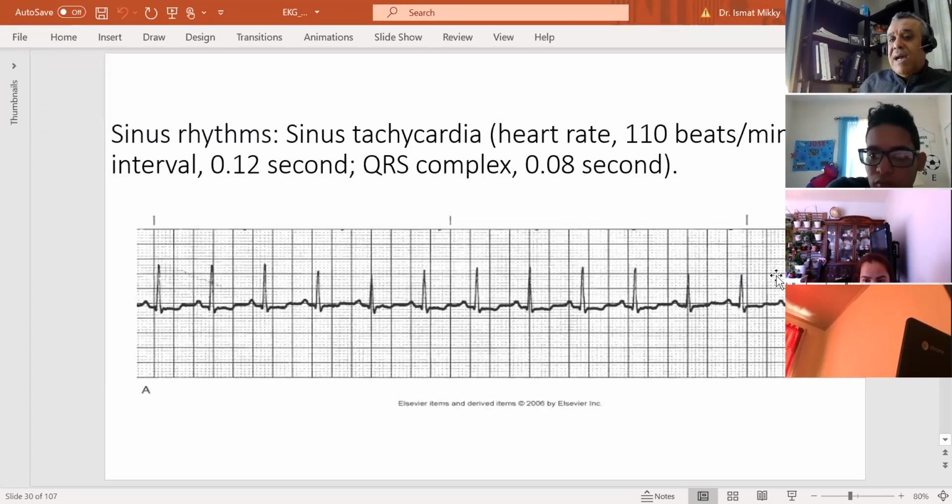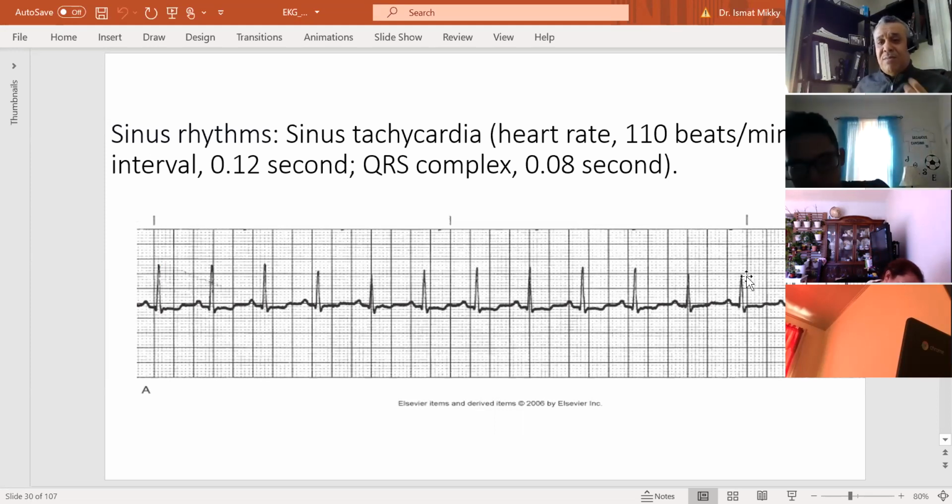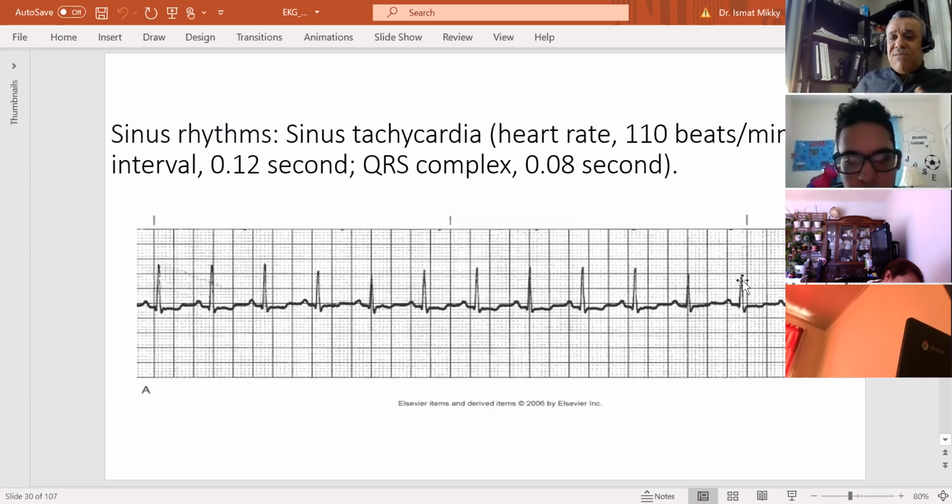So you're adding like 2 large boxes and 2 small, so 2 times 5, 10, and 2, 12 small boxes. That's a lot. Between 2 small boxes and 3 small boxes, around that number, it's fine to go higher or lower. But you have to count this one, because that's within the 6 seconds. The other one was outside.